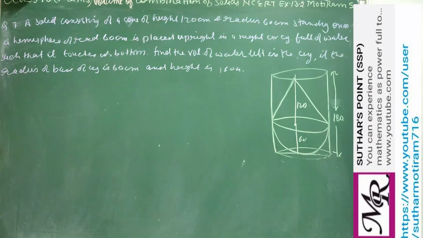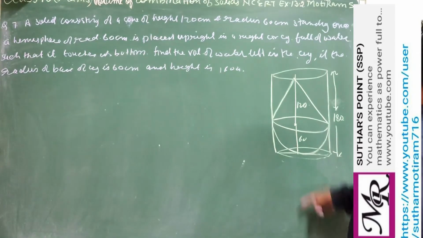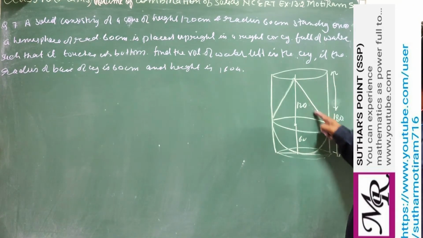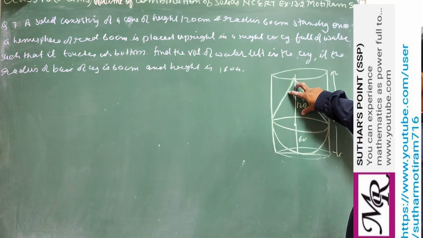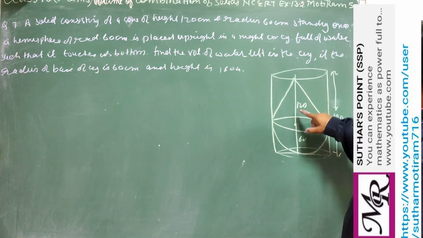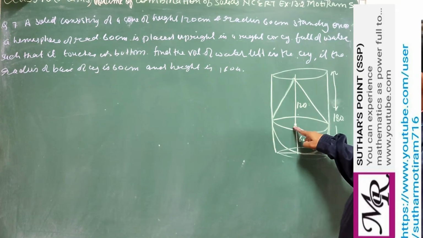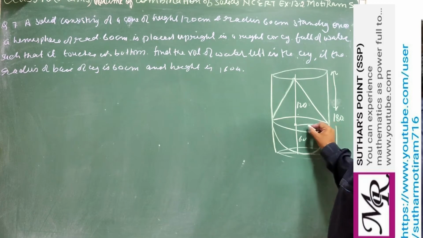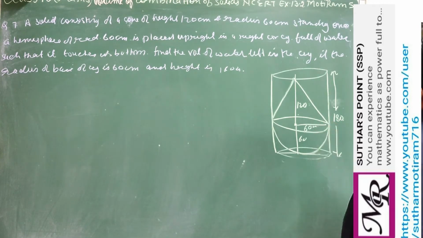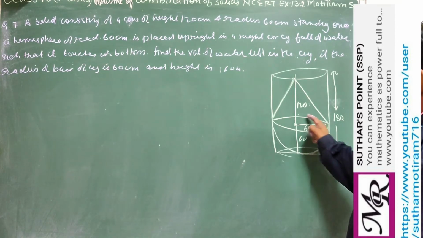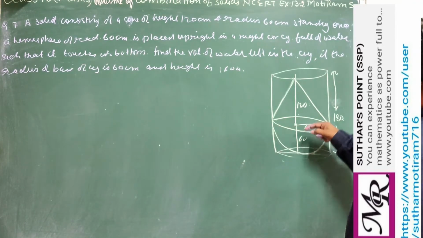So question number 7: a solid consisting of a cone of height 120 centimeter and radius 60 centimeter, and a hemisphere of radius 60 centimeter, placed upright in a cylinder.